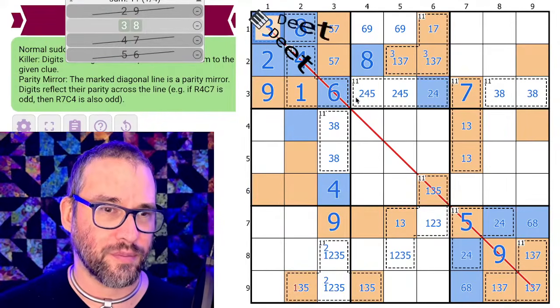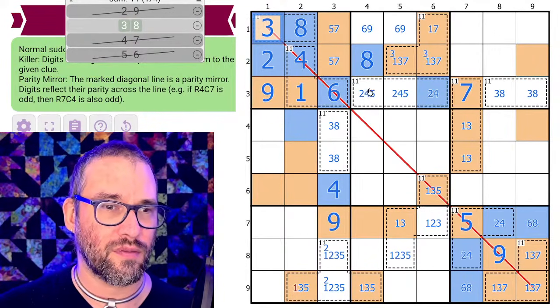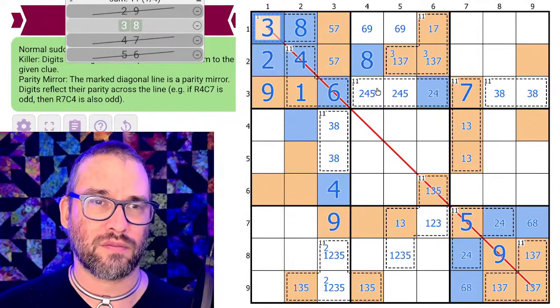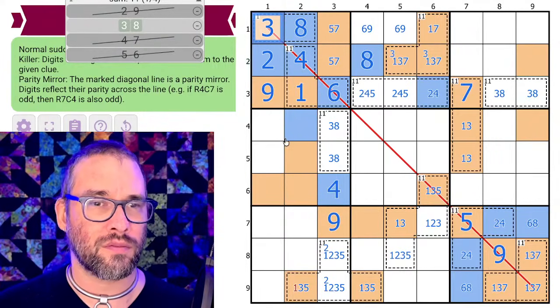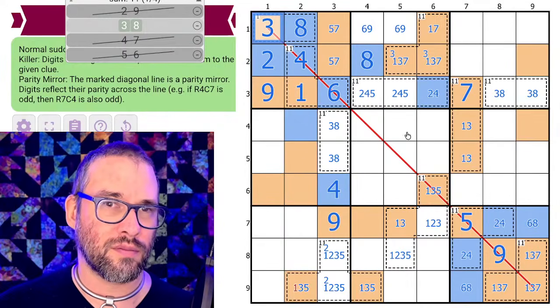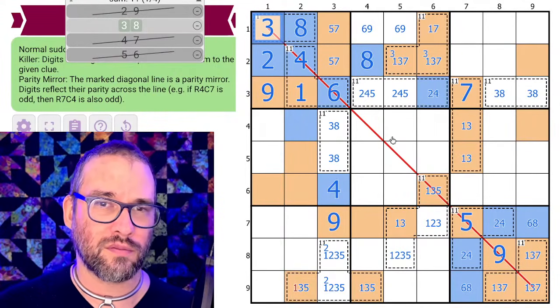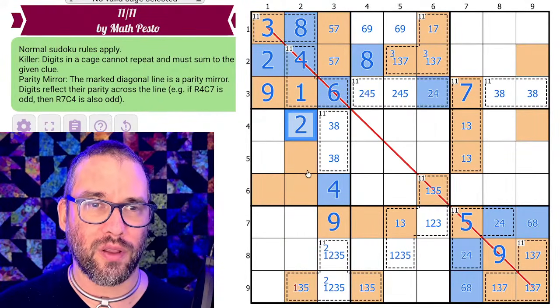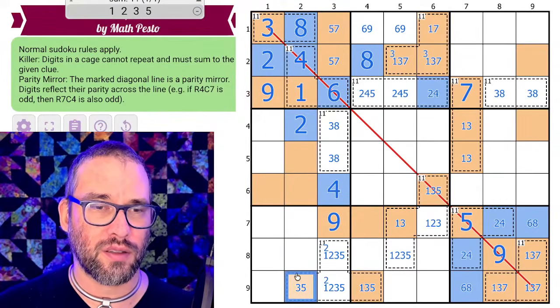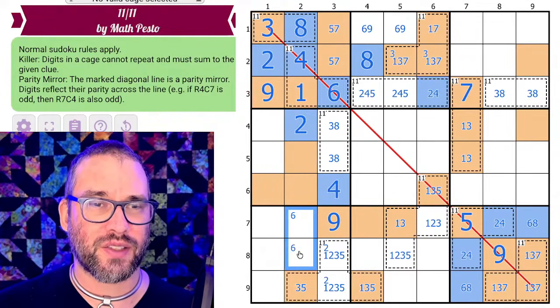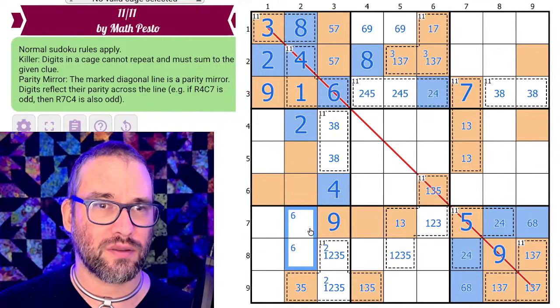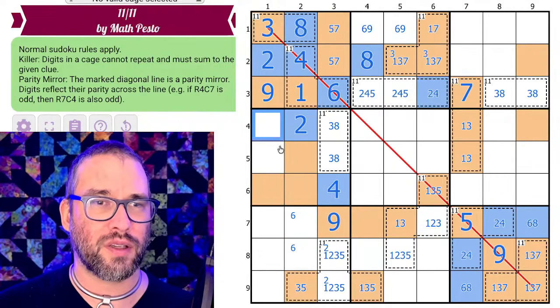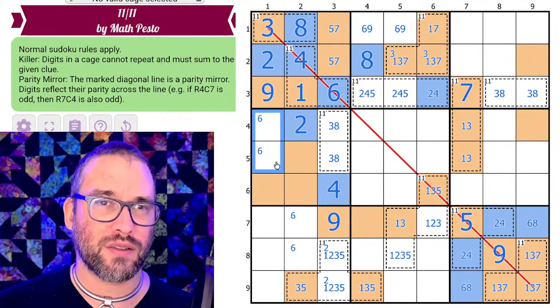That's our 3. Okay. 2 in column 2 can only go here. So we need a 6 in one of these cells.